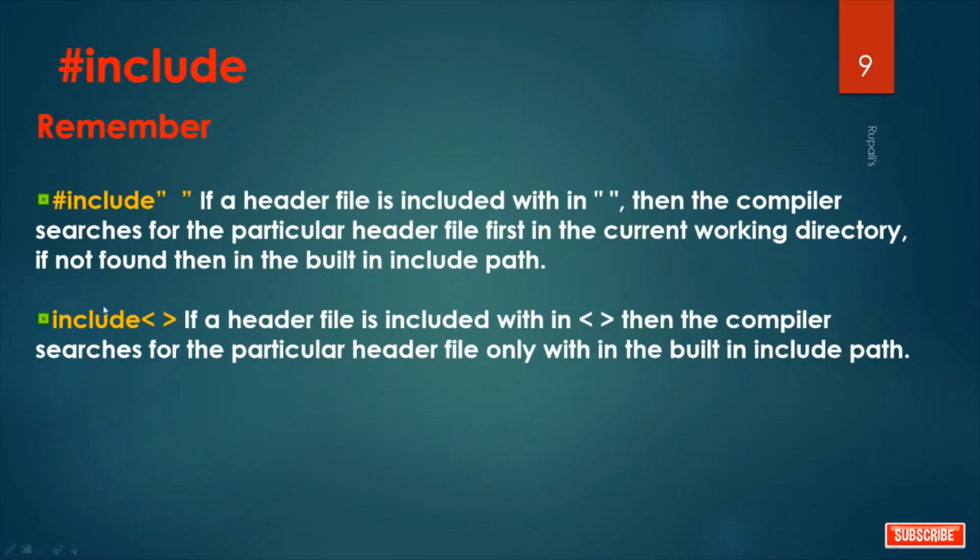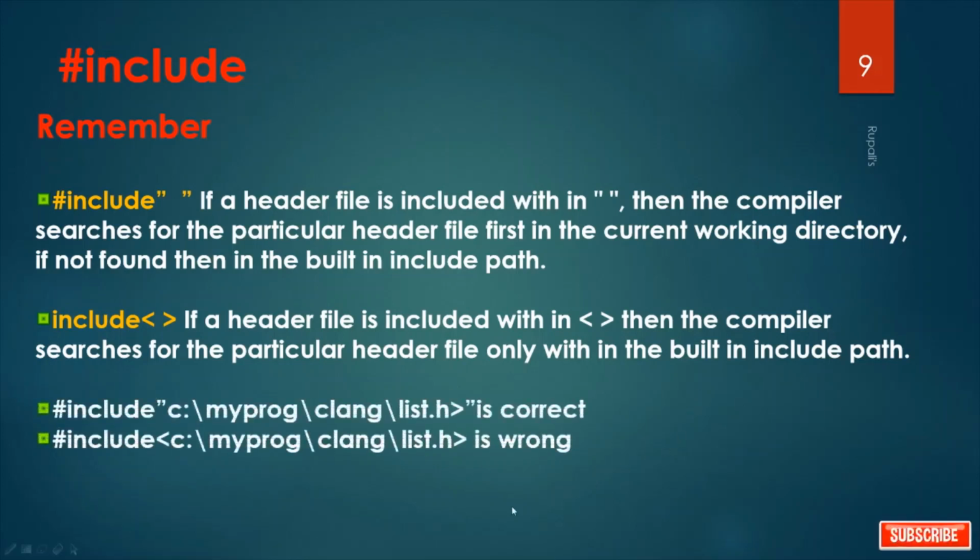But if it is included using angular brackets, then the compiler searches for that header file only within the built-in include path. So there is no need to give a path here; it is wrong. But if you use double quotes, you can give a path here; it is correct.